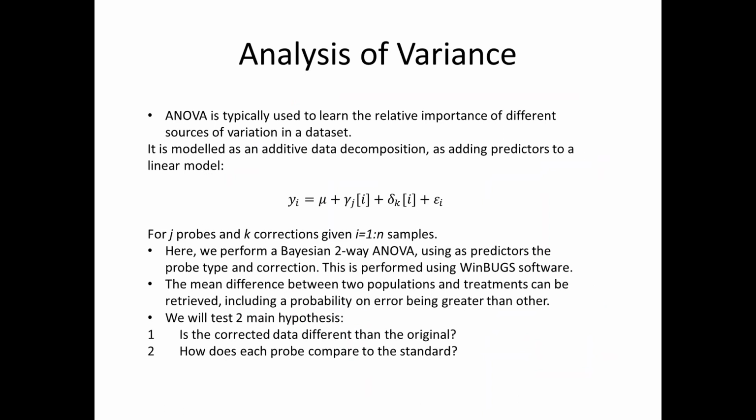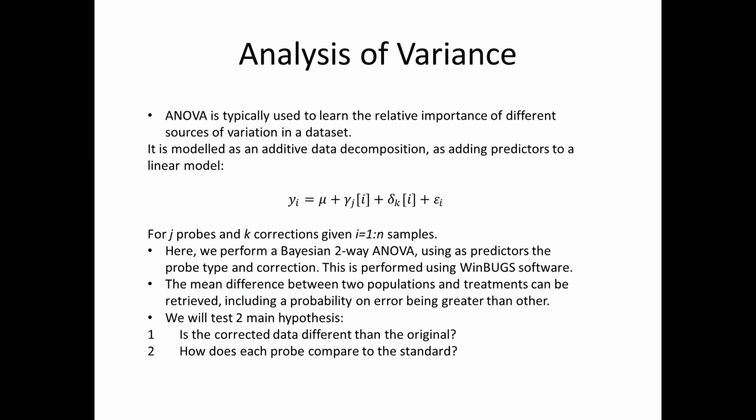Because we have too many parameters here, with all the treatments and all the probes, a good way to look at that is just an analysis of variance. I'm sure the biologists use that a lot in their colleges.